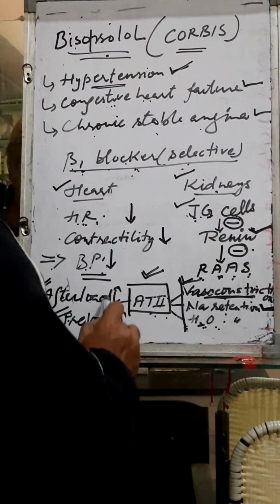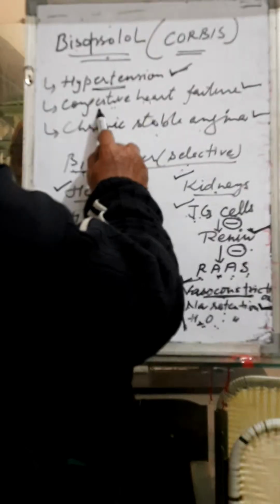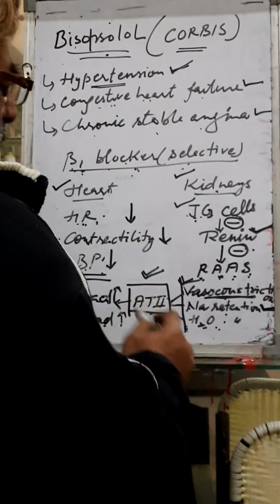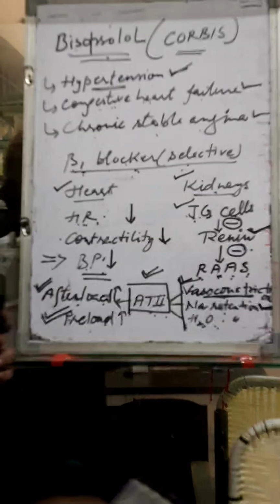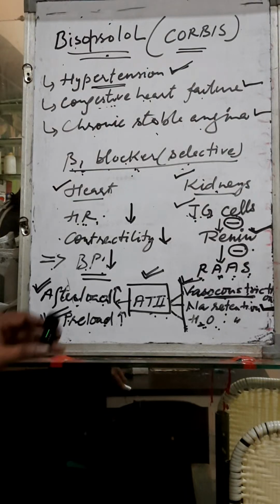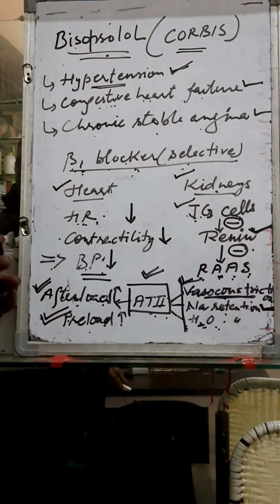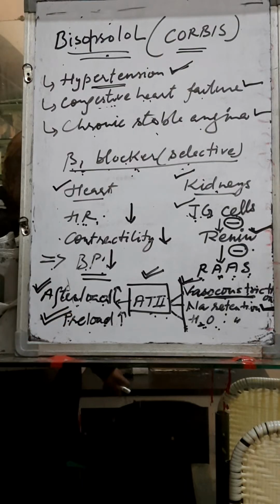And when these are decreased, it is helpful for congestive heart failure because afterload is decreased, there is less peripheral resistance, and stress on the heart is decreased. Due to the less preload, work of the heart is reduced.